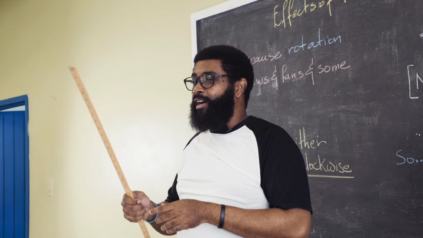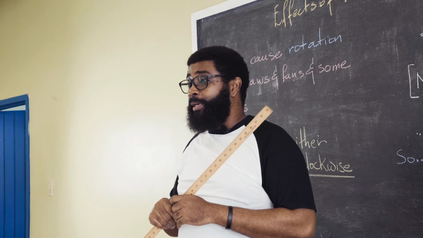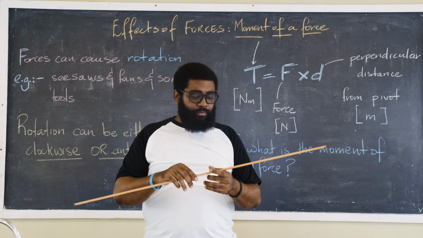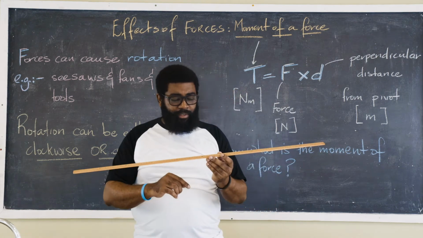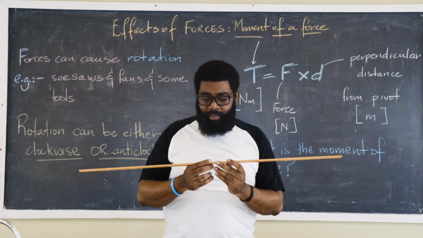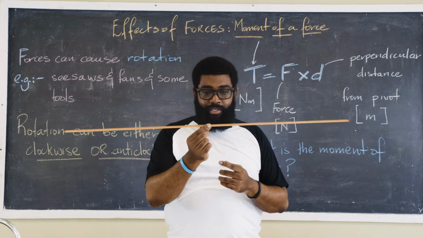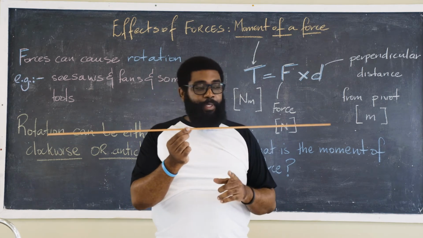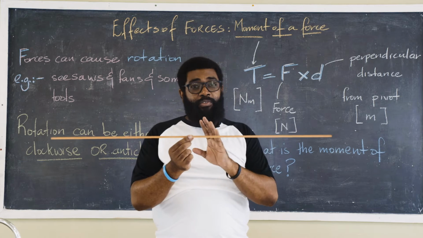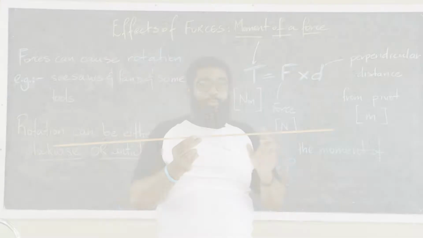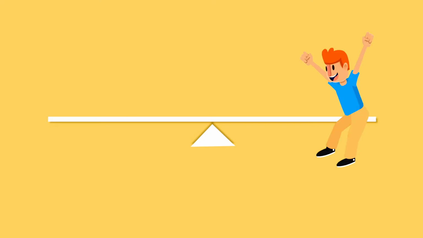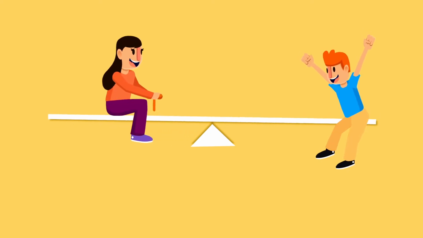So on we go to the principle of moments. Now, I'm sure you've done this before, and I'll give you a diagram shortly. But imagine this being, let's say, a seesaw, and we have two people. If you've ever had fun on a seesaw, you realize that two people of different masses can sit on a seesaw, and that seesaw can be balanced.